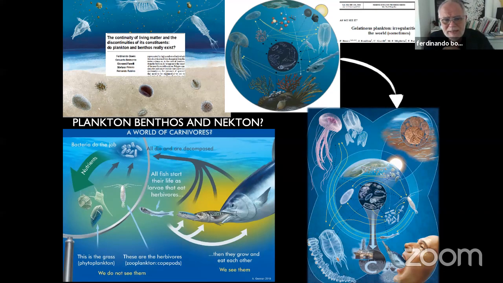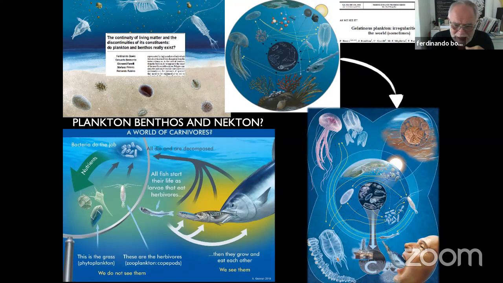And in the sediments, there are the resting stages. So when these guys disappear, they are in the benthos. So plankton and benthos go together. If we look at the water column, we see mostly fish. We don't see plants because the plants are microscopic.